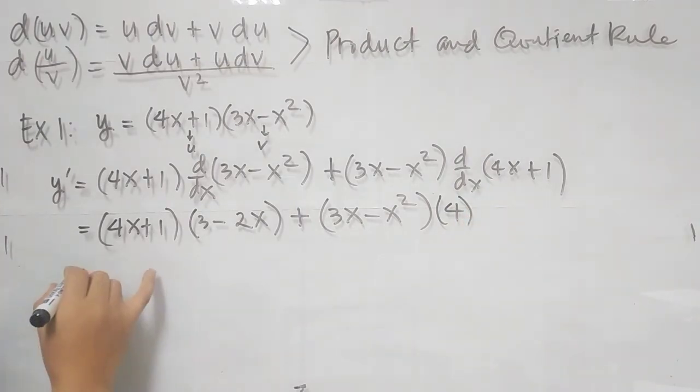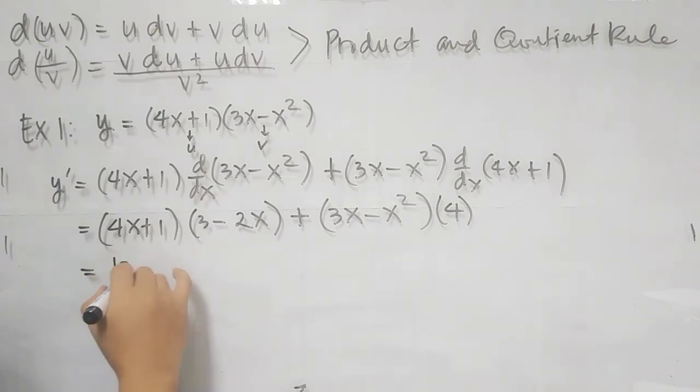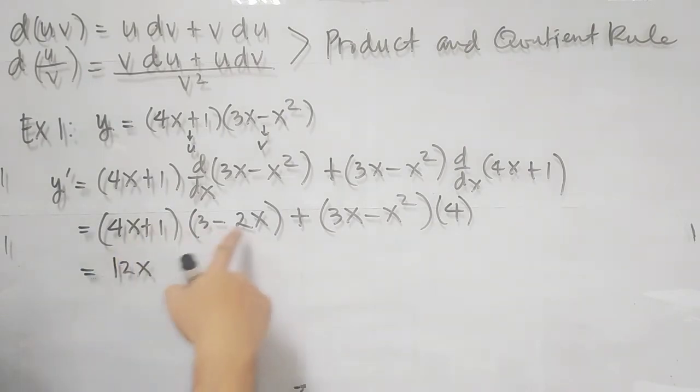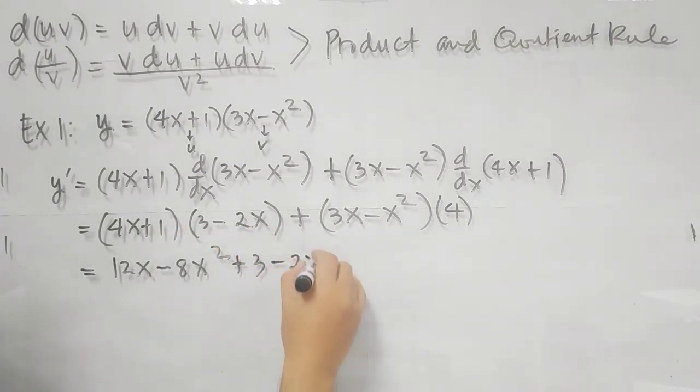And then this time, we have to distribute. 4x times 3, that is 12x. 4x times negative 2, that is negative 8x squared. 1 times 3, that is positive 3. 1 times negative 2x equals negative 2x.